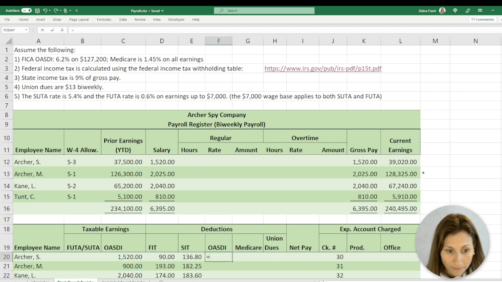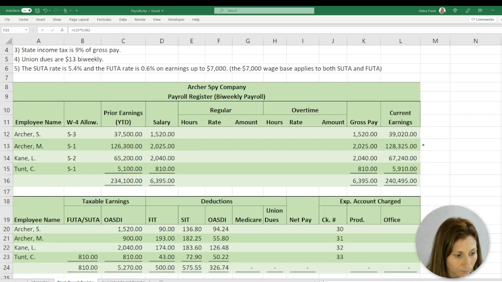So it'll be this amount times 0.062. All right, so we can just keep going. Okay, so that's it for OASDI. Just as a reminder again, the only one that was different was this because it was 900 instead of the total gross amount.